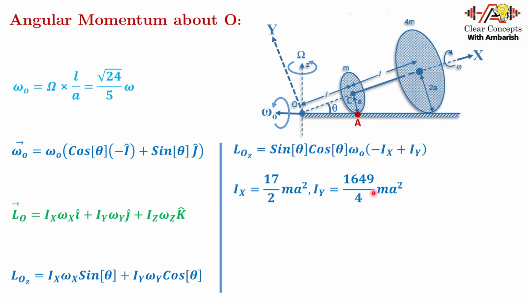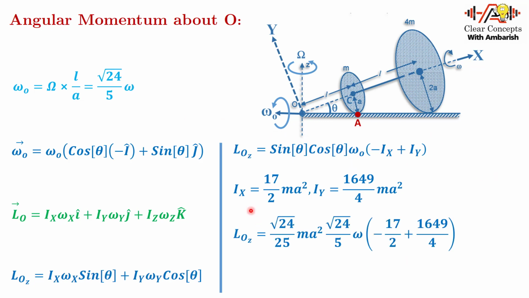So Ix is this, Iy is this, and I have this result. I just need to plug in the values of sin theta, cos theta, Ix, Iy and omega naught. So sin theta cos theta becomes root 24 by 25, because one is root 24 by 5, the other is 1 by 5. And omega naught we had found, that is root 24 by 5.